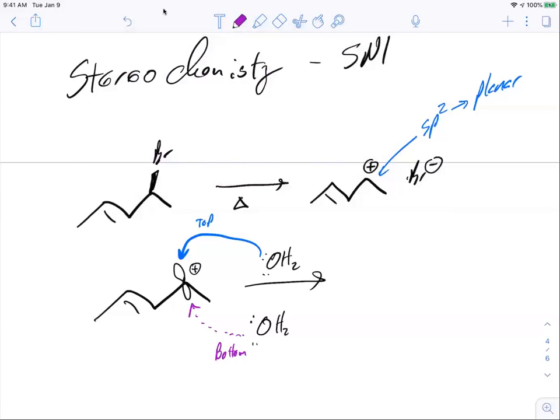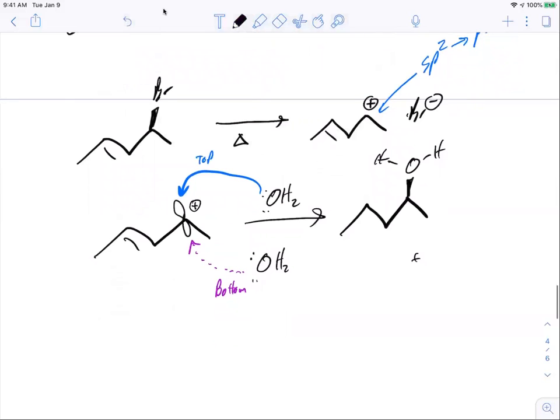But in simple molecules like this, they're in solution, they're going to be floating around. Both of those sides are going to be the same. And as we talked about on Tuesday, this gives us a racemic mixture. So we can have the alcohol going up and the alcohol going down.